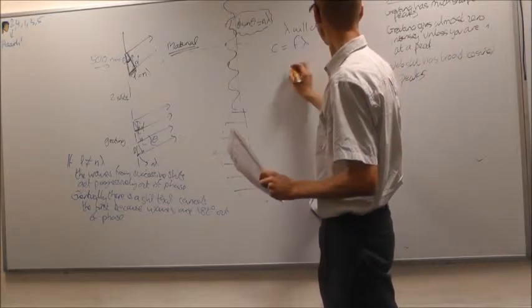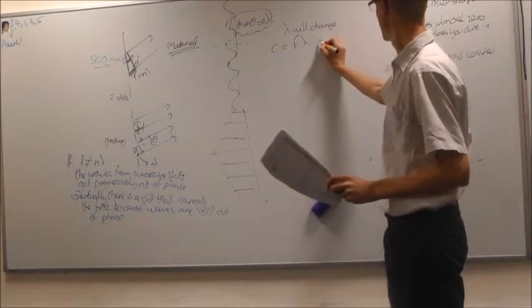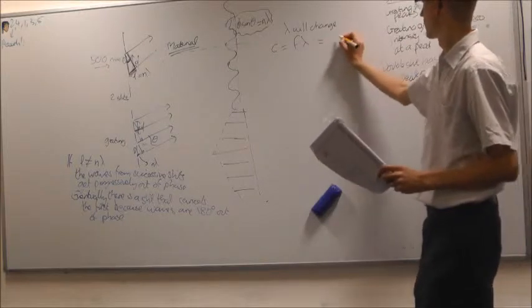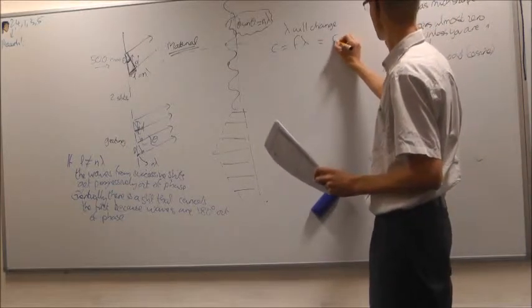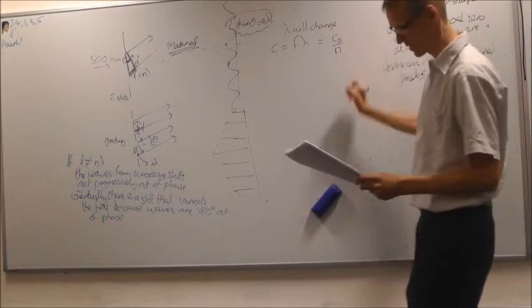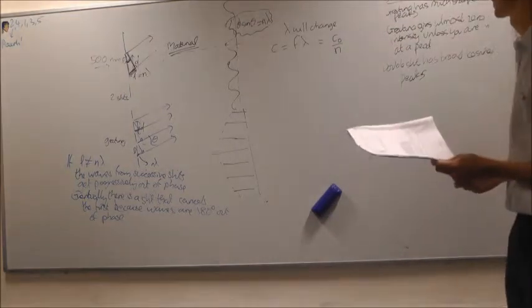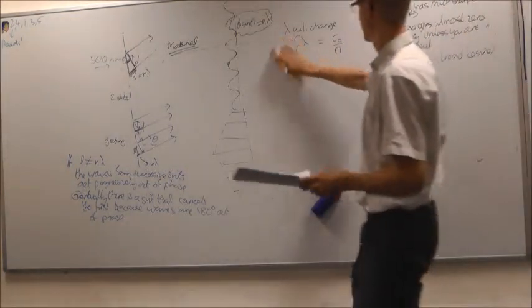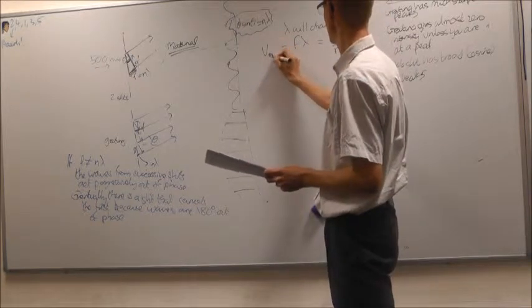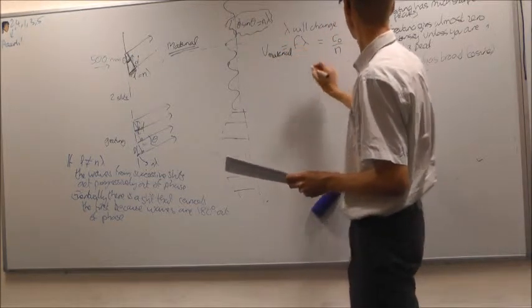So our velocity equals our speed of light divided by the refractive index. So let's be consistent with the question. That's v material equals f lambda.